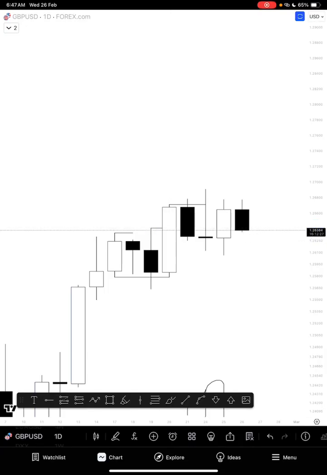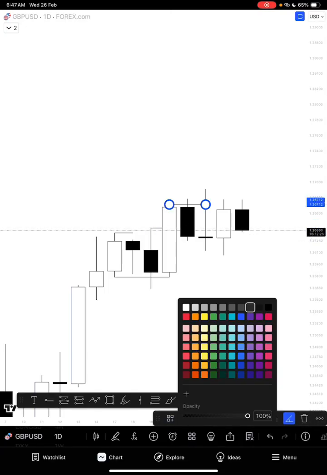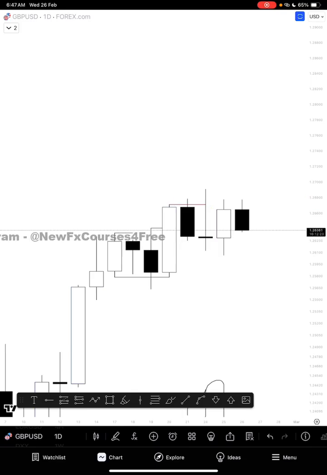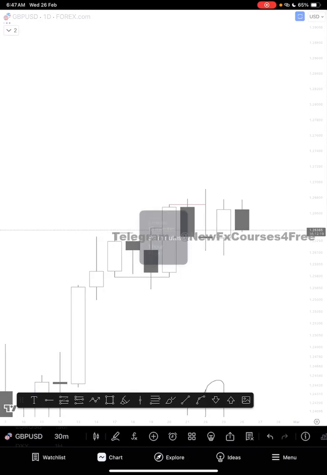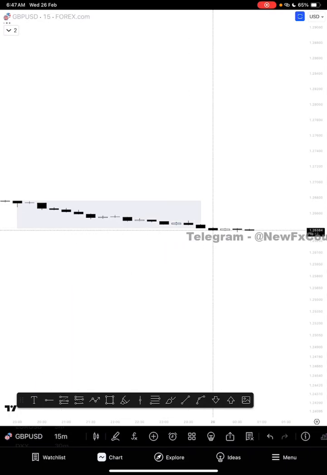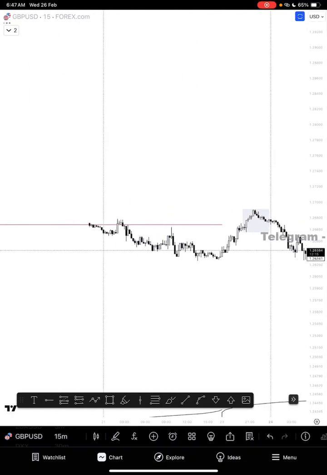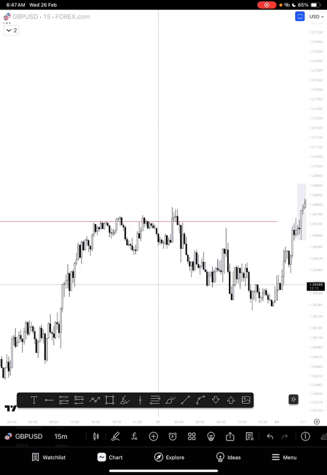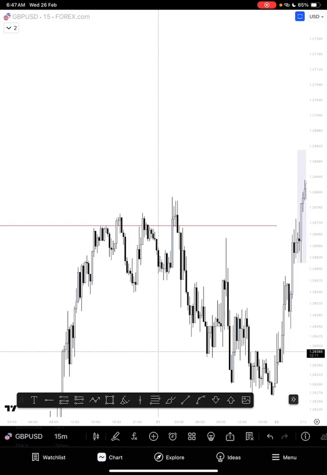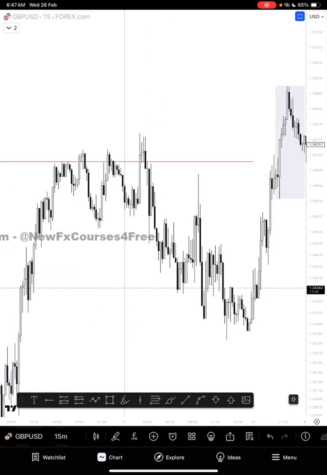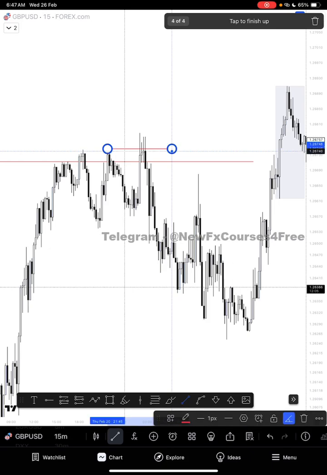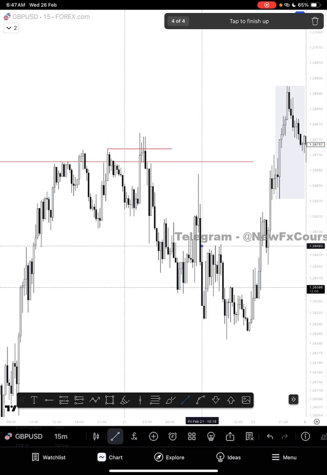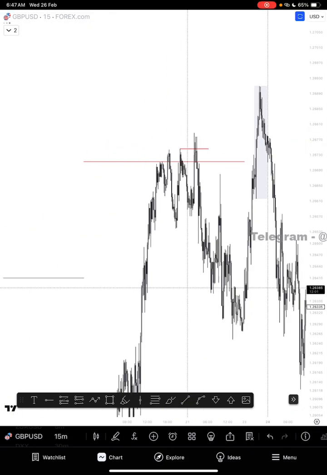So let's go to the lower time frame so I can show you before the reversal or the second push. Yeah, here you got your turtle soup after sweeping our high.